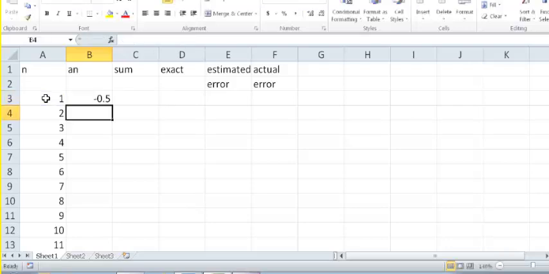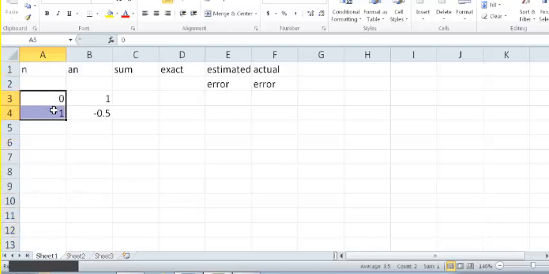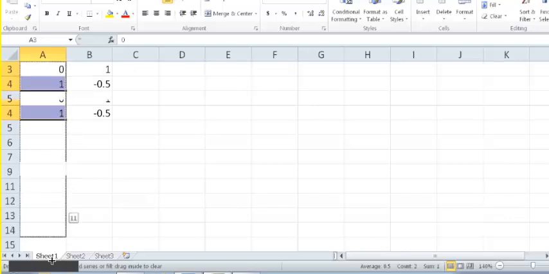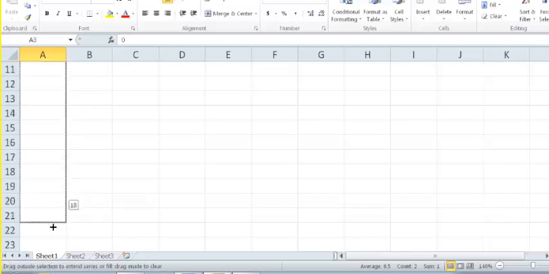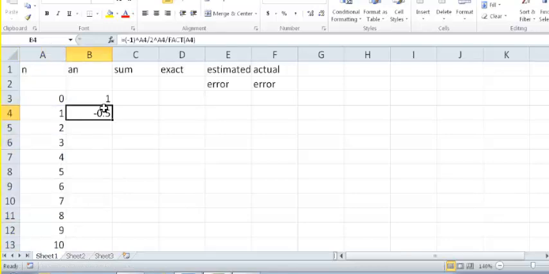So that's the first term. And the second term, we just copy this down. And we start actually from 0, because I got a negative number there, so I knew something was fishy. So let's delete that, and now we're going to fill it out starting at 0. Okay, let's just do 18 terms right now, see what happens.